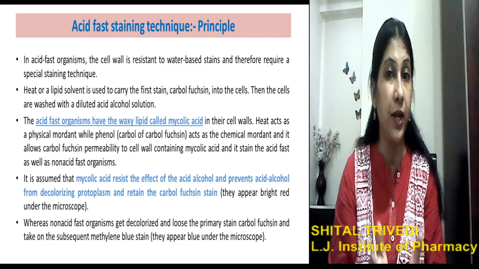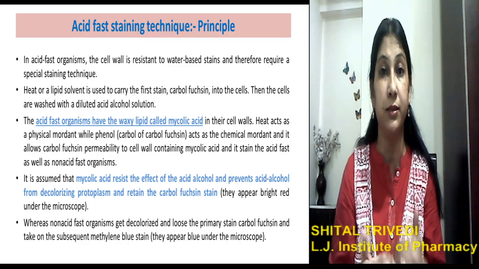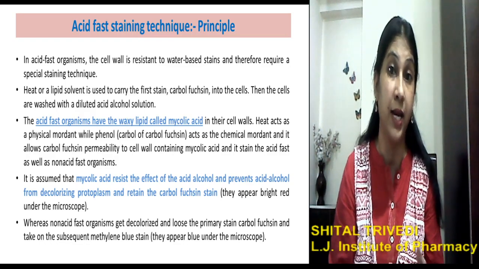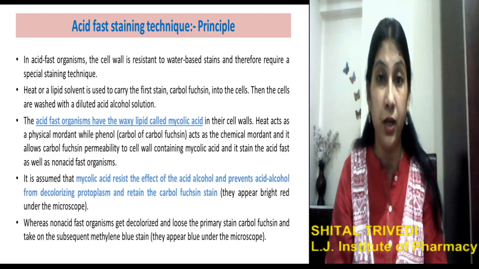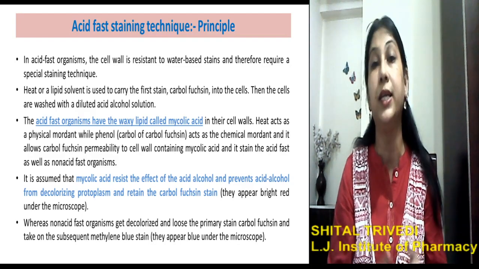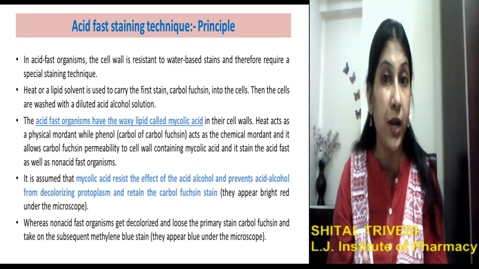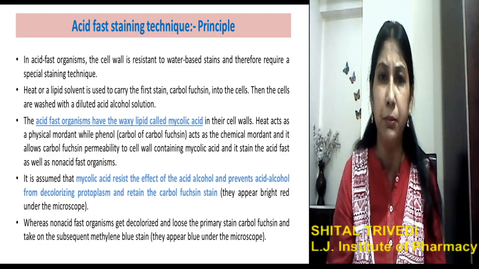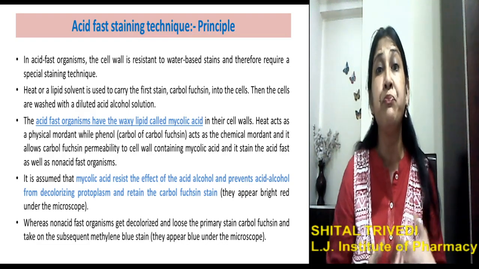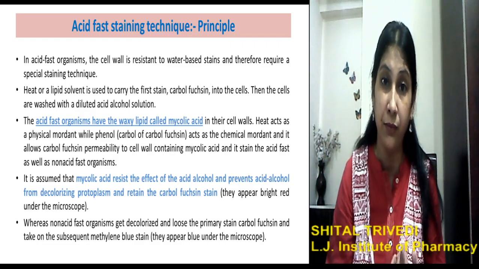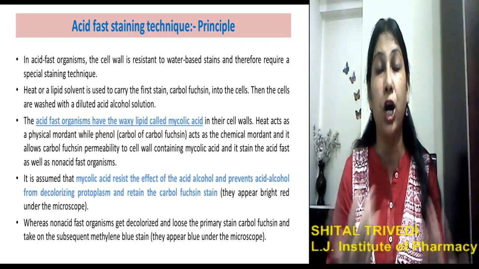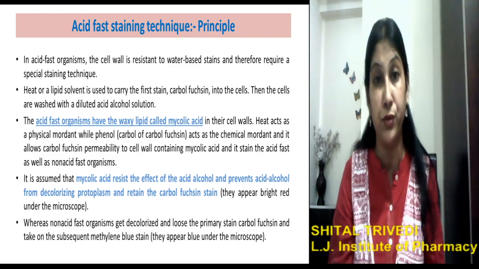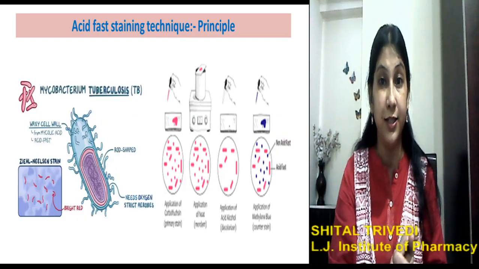So acid-fast organisms do not get decolorized by acid alcohol treatment, whereas non-acid-fast organisms get decolorized and lose the primary color of the carbolfuchsin. When treated with the counter stain, which can be methylene blue or malachite green, the non-acid-fast organisms readily pick up the color of the counter stain, whereas the acid-fast organisms already have the color of the primary stain and appear bright red. That is how this technique differentiates these organisms into two categories.